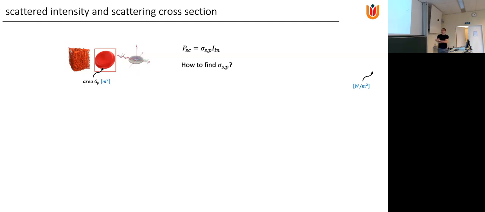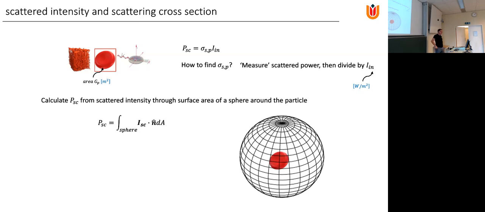What we can do is try to express that in terms of the things that we can measure. Let's say we can measure the scattered power, and we can control how much light we put in, the incident intensity. Then we should be able to measure the scattering cross-section: measure the power and then divide by the intensity. So how to do that?